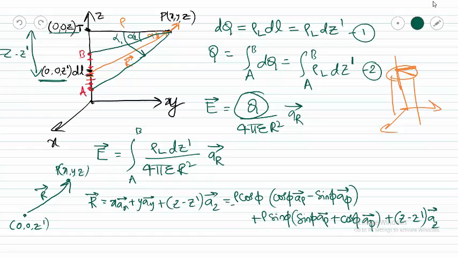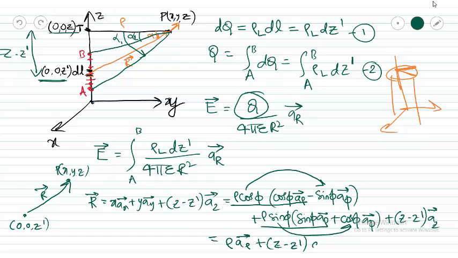If you see the first term, you get rho cos square phi, here you will get rho sin square phi, and in the second term you get rho cos phi into minus sin phi, here I will get rho sin phi into plus cos phi. So these two terms will get cancelled, so the final answer will be rho a rho bar plus z minus z dash az bar. So that is r bar. Let it be equation number 3.